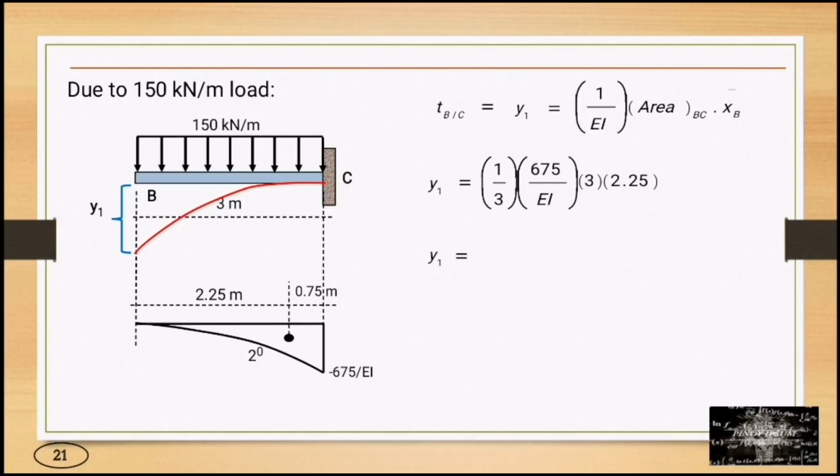Yung y1 in terms of EI, so is equal to 6,075 over 4 EI.